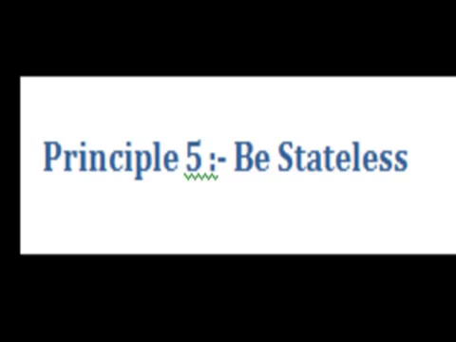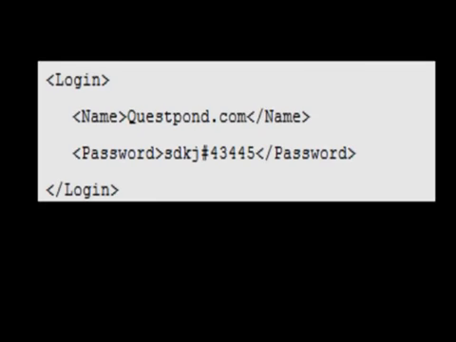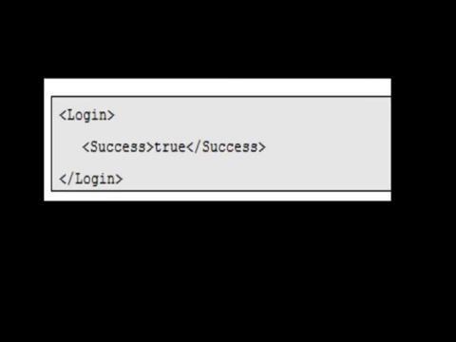For instance, here's a simple representation. This representation sends a user ID and a password to a system so that it can be validated. If the user ID and password are successfully validated, you will get a representation something like this, saying that the login was successful, and that's the response representation you get back. Now let's say you want to search for a customer.